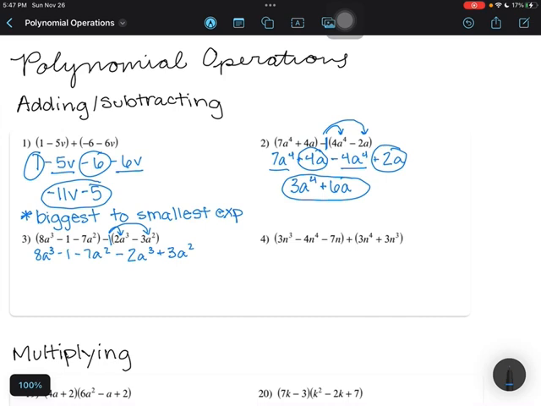So I start with the biggest exponent, and I have a to the third, a to the third. So that means I'd have 6a to the third. I have a minus 7a and a plus 3a, minus 4a squared. And then I just have a minus 1. Nothing to combine with it, so that would be minus 1.